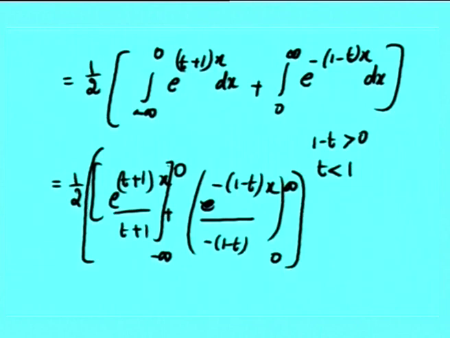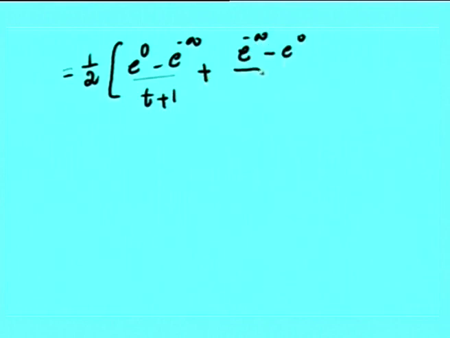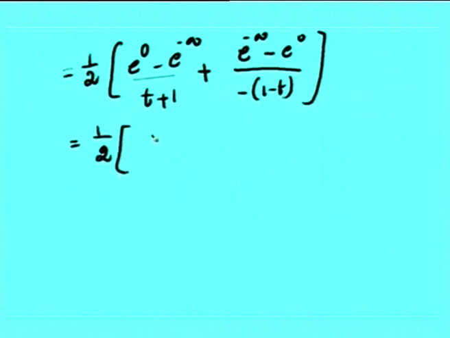So, we shall substitute the limits which is equal to 1 by 2, what is that, e power 0 minus e power minus infinity by t plus 1 plus e power minus infinity minus e power 0 by minus of 1 minus t. Okay. So, what happens? 1 by 2, it is 1 by t plus 1 plus 1 by 1 minus t.